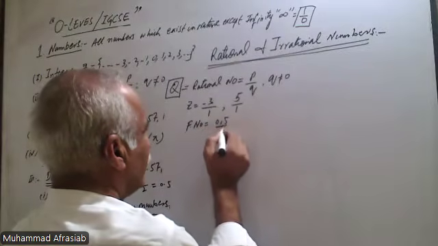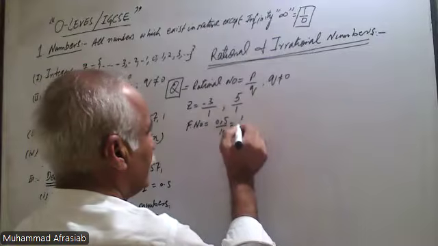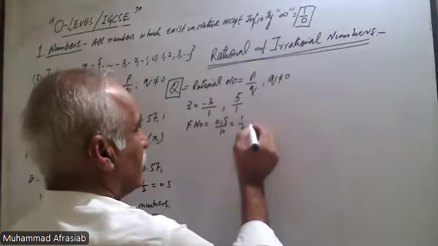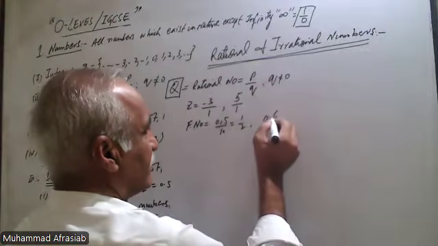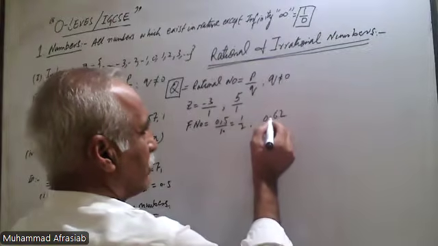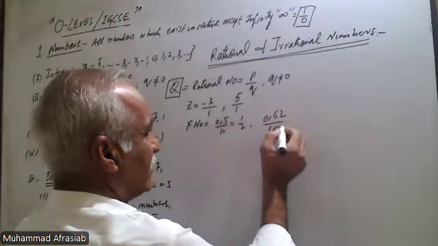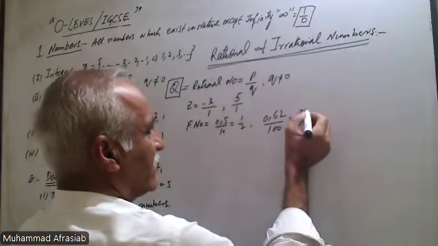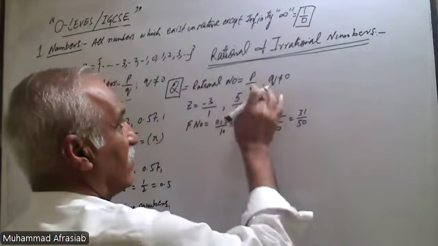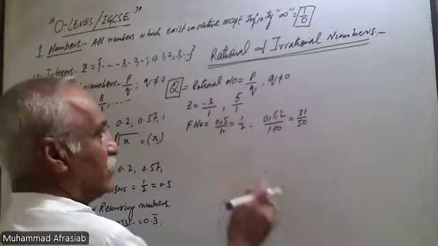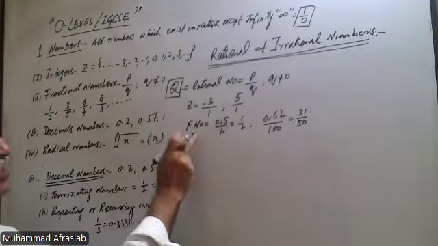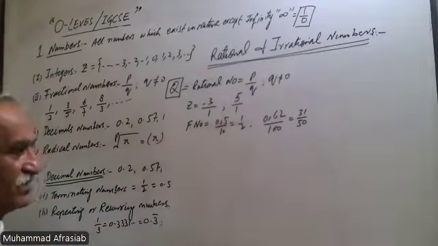If the point is removed, it is divided by 10, so it equals 1 by 2, which is in the form of a fraction. Next, 0.62. The point is removed, so the denominator is 100, and that equals 31 over 50. That is also called a rational number. So this is about the terminating numbers, which are exactly divisible, and they are all called rational numbers.